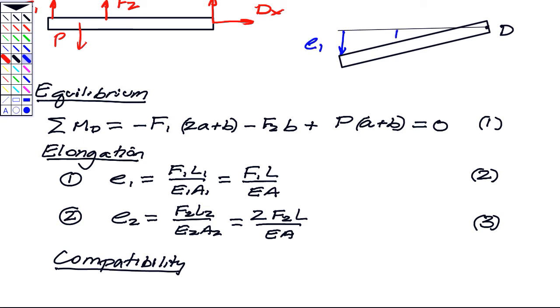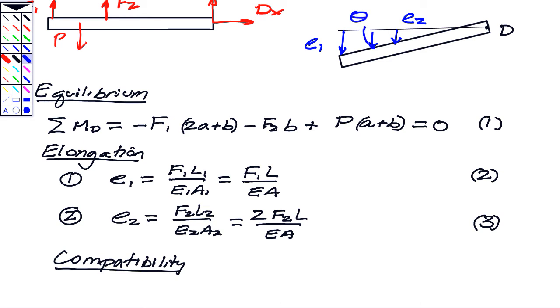The elongation at point C is the elongation e2. And the rotation angle here is theta.